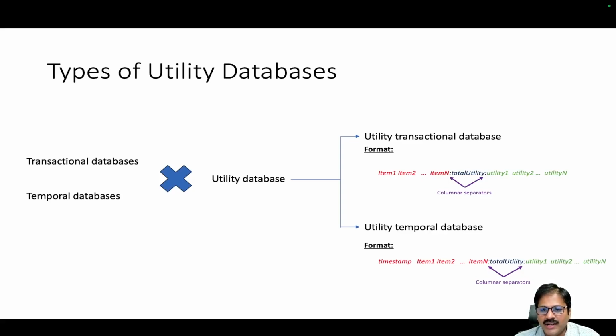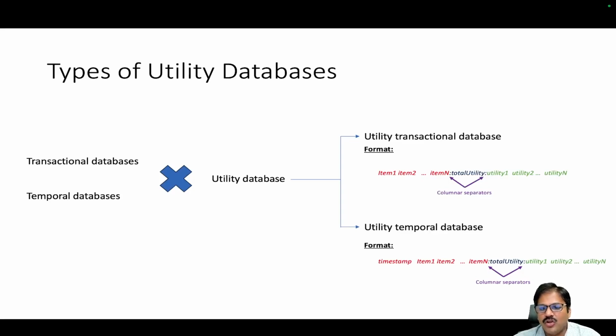So in utility transactional database, we have the transactional database as one column, the total utility in another column, and the individual utilities of the items. So total utility is nothing but the sum of individual utilities of the items.